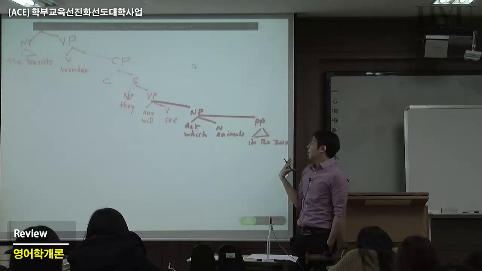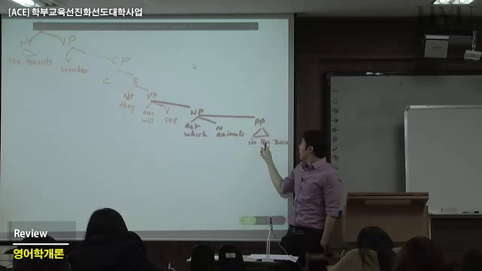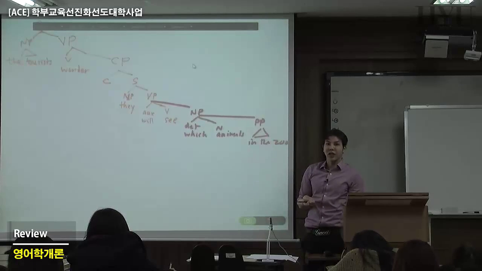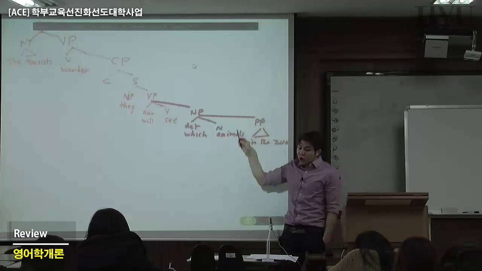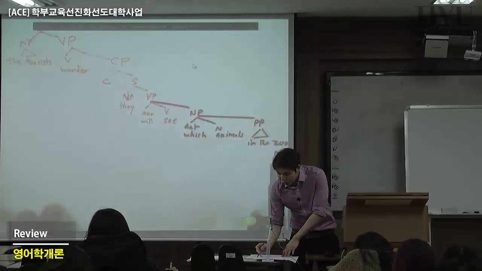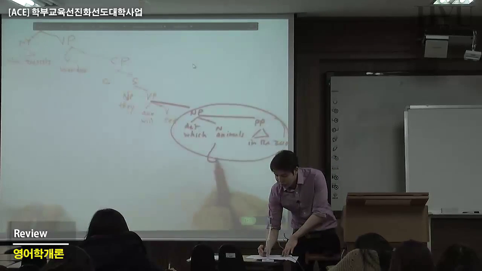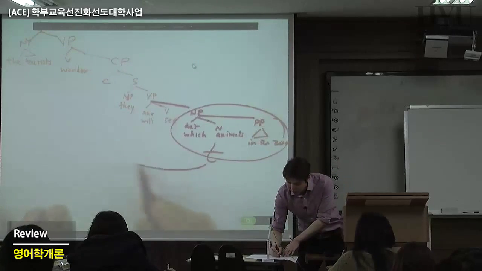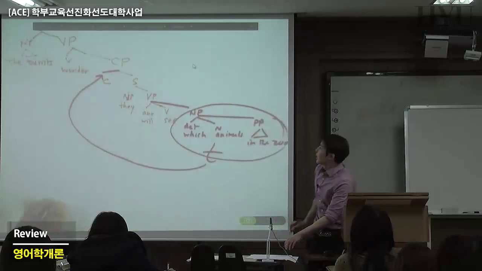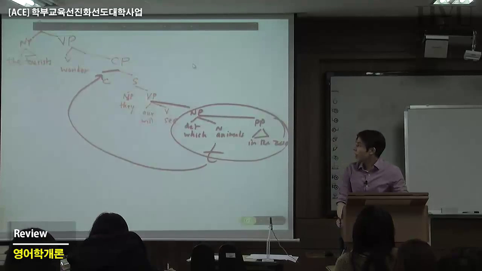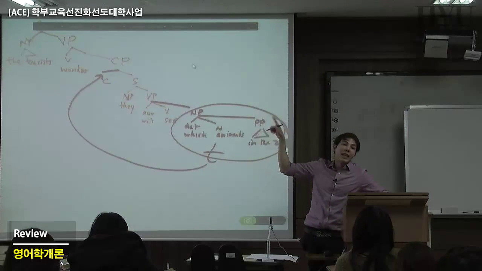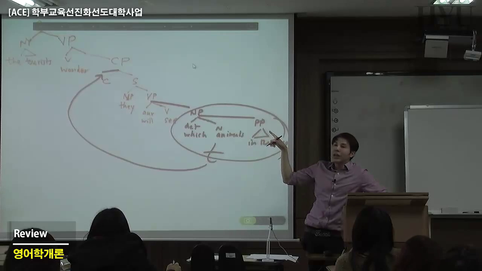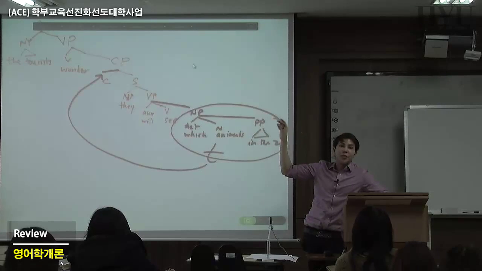And then animals is the head noun, and in the zoo is the prepositional phrase, okay? So the whole thing, not just a word, is moved, leaving a trace. You see this? It's moved from that position to the position before C, okay? We don't have C as the landing site. Remember, because C is not a CP.